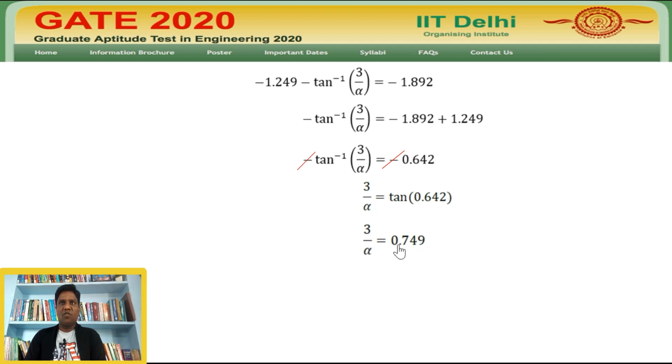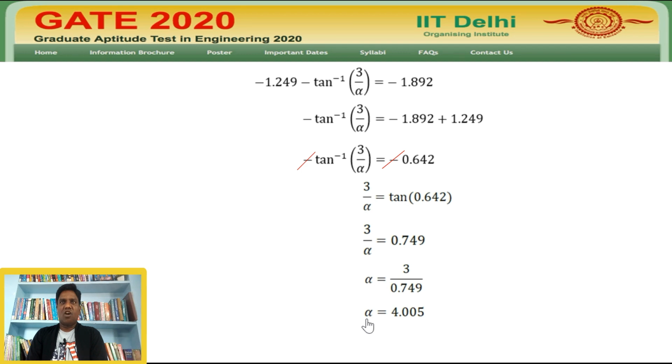Next, shift alpha into the right hand side and 0.749 into the left hand side, and they will take the numerator and denominator places respectively. Then the equation will be alpha equal to 3 divided by 0.749. The division of 3 divided by 0.749 is 4.005. Then the alpha value is alpha equal to 4.005.